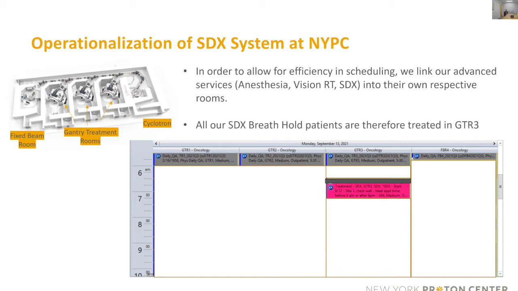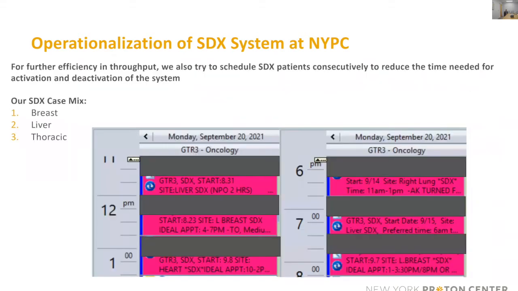To layer on top of that, in terms of a further increase in efficiency, we've also attempted at all times to schedule our SDX patients back to back to back to back. As you can see here, taking representation day, which was this past Monday, and the following Monday, you can see that we have tried to schedule patients who are going to be utilizing SDX consecutive to one another.